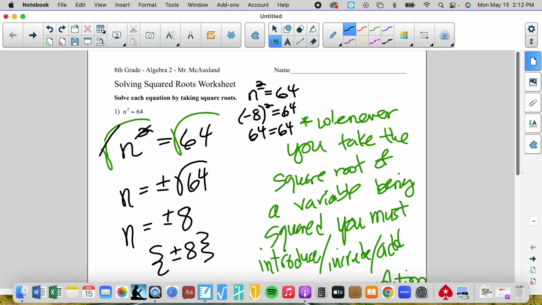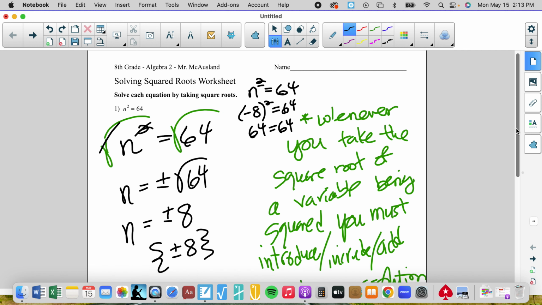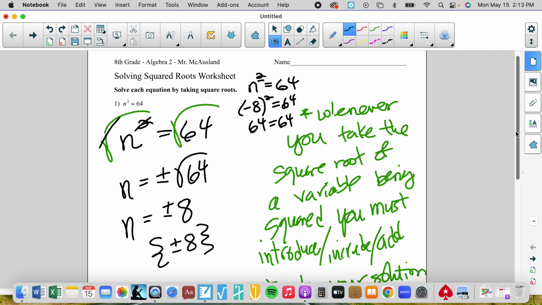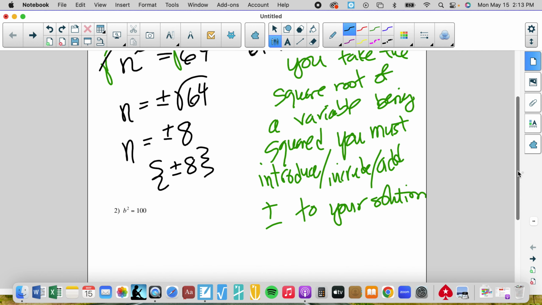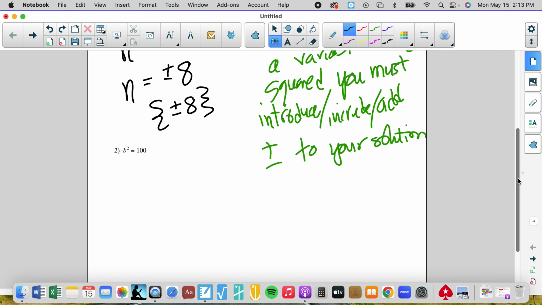Because this variable is being squared, it produces the same value whether it was negative or positive, because two negatives make a positive. It didn't matter whether it was a negative value, because when squared it comes out positive, much like the positive 8.